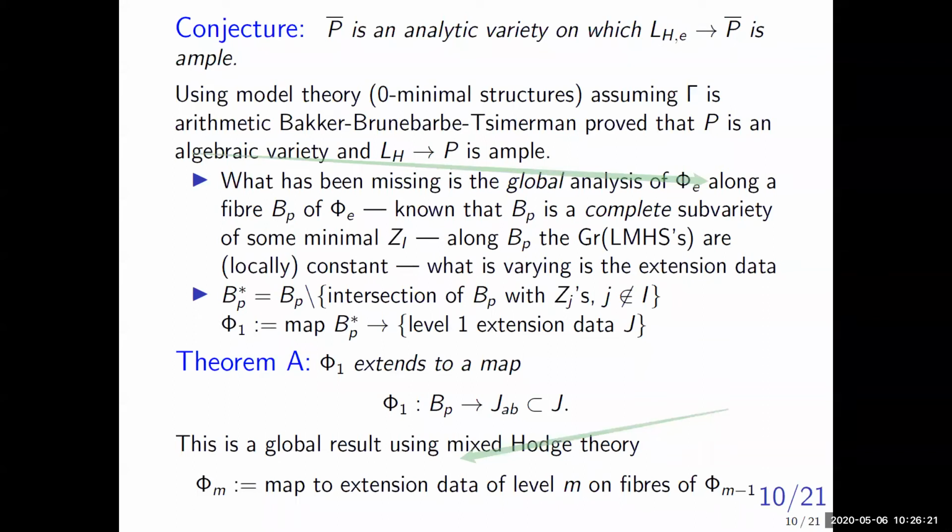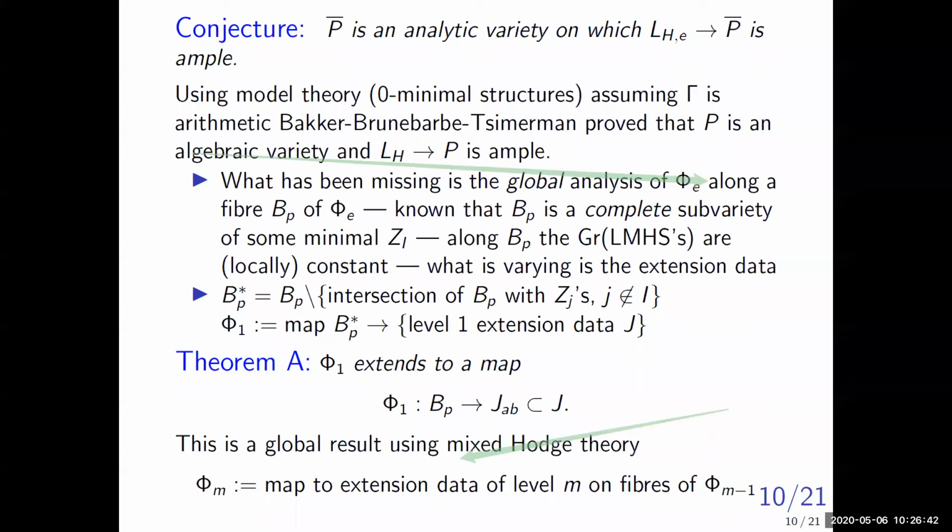The reason is the following: this BP star, where you take out the lower dimensional strata, is a quasi-projective, open algebraic variety. So the H1 has a mixed Hodge structure.